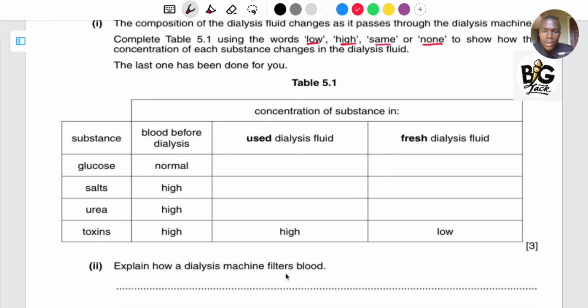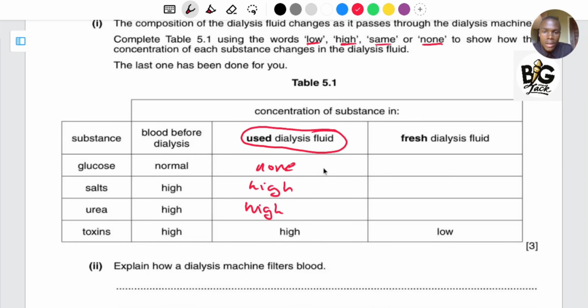In terms of toxins, they are going to be high in the used dialysis fluid, which is true. What about urea? I said it is going to be high. Even in the blood before dialysis, it's going to be high. What about salts? Salts are going to be high. But when it comes to the used dialysis fluid, you are not going to find glucose there, so none.